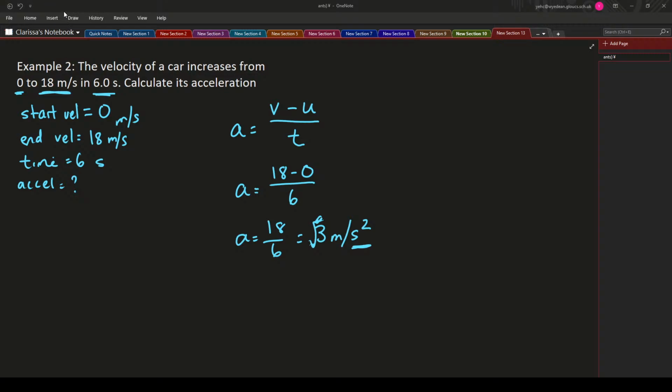I'll link it to you on the website, velocity, acceleration, by here, you should see a worksheet. That's just a bunch of practice problems. I will put up the answers to that in about 10 minutes time.